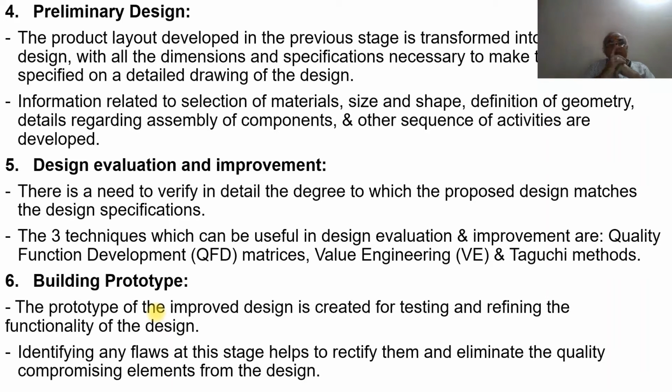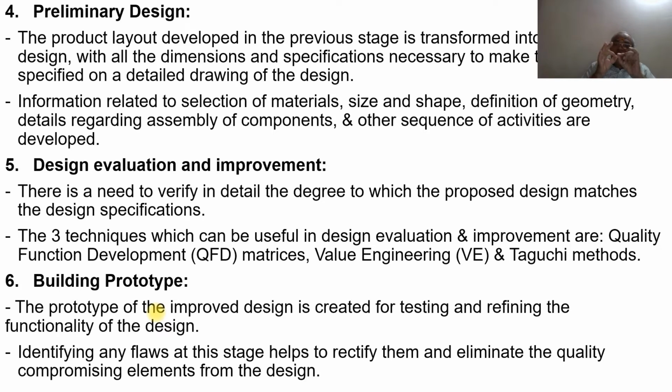Information related to selection of materials, size and shape, definition of geometry, details regarding assembly of components, and other sequence of activities are developed. That is what we use in the bill of materials. In the bill of materials, we give the material specification, then the quantity you want, and the type of hardness which is required, all those things.